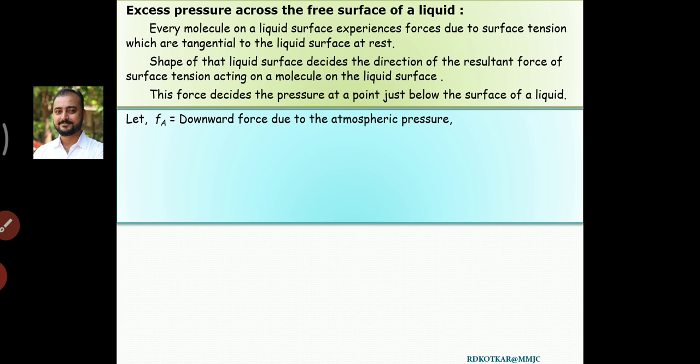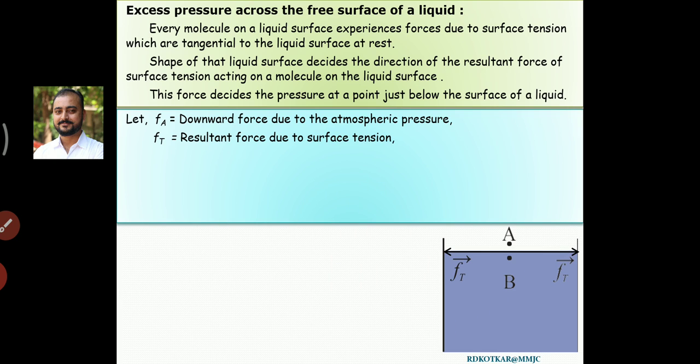Here we consider Fa, a downward force due to atmospheric pressure. Just imagine that on the liquid, due to the air column or atmosphere present around it, the force acting at any point is in a downward direction, and that is Fa. Let Ft be the resultant force due to surface tension.